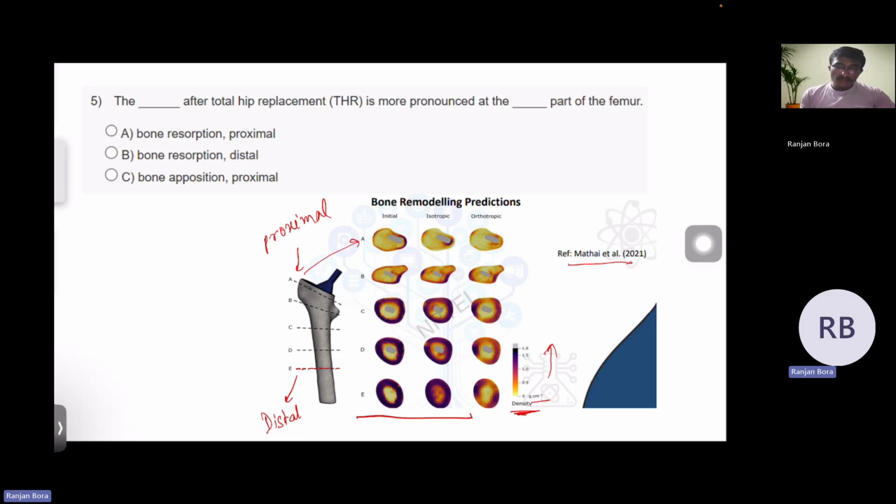There is loss of bone in this section A, which means bone resorption, and it is in the proximal part of the femur. So option A is correct: bone resorption is more pronounced at the proximal part of the femur. In the distal part, we can see bone apposition is more pronounced.